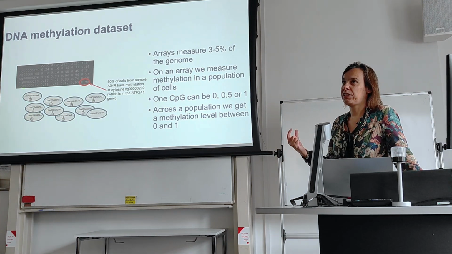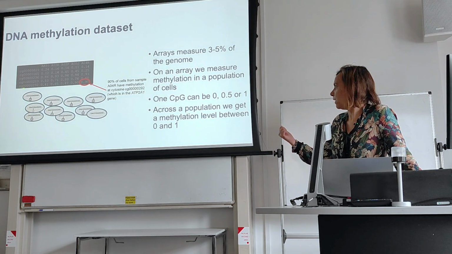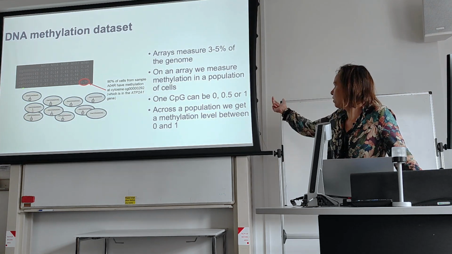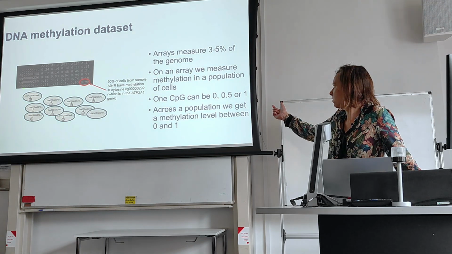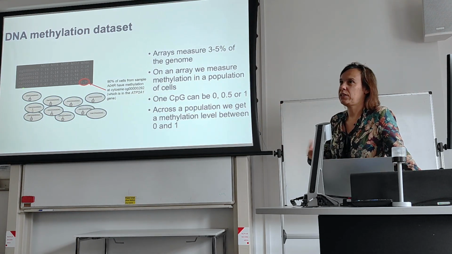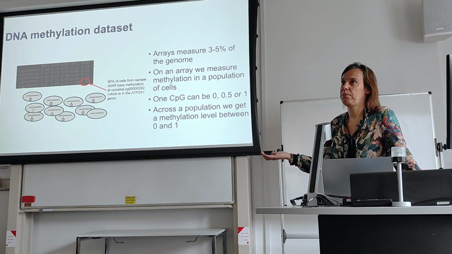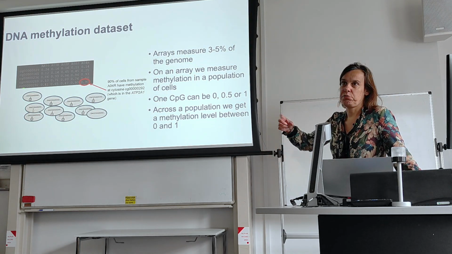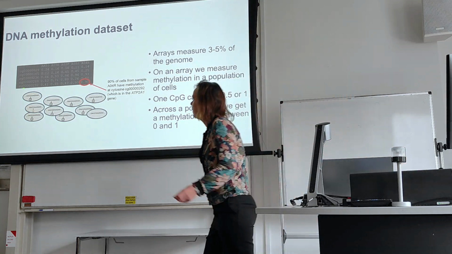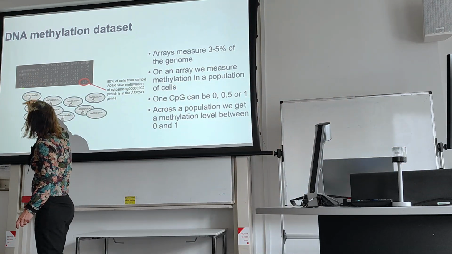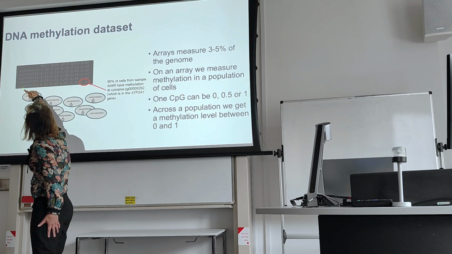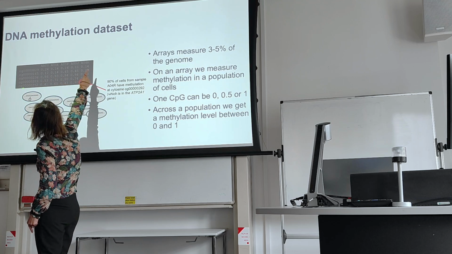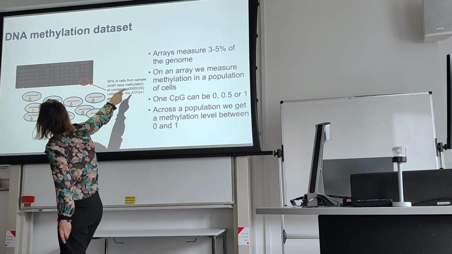So if you take a measurement for one CpG, it can be unmethylated with a 0, intermediate methylated at a half, or 1, completely methylated. So basically, if you take a blood sample, extract your DNA, and measure methylation, you get a methylation level between 0 and 1. You can see that here in the table. You have your CpGs here, so 800,000 rows, and here you have each sample with all these different values.